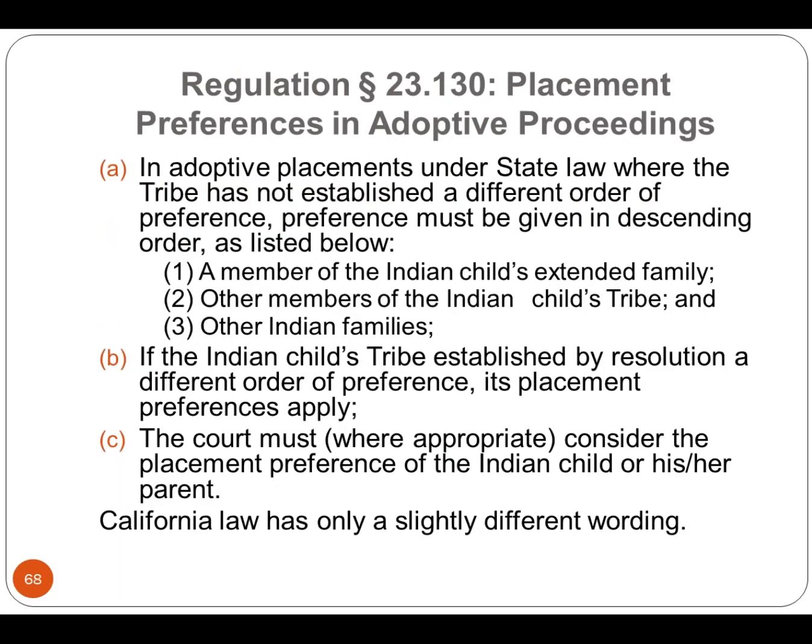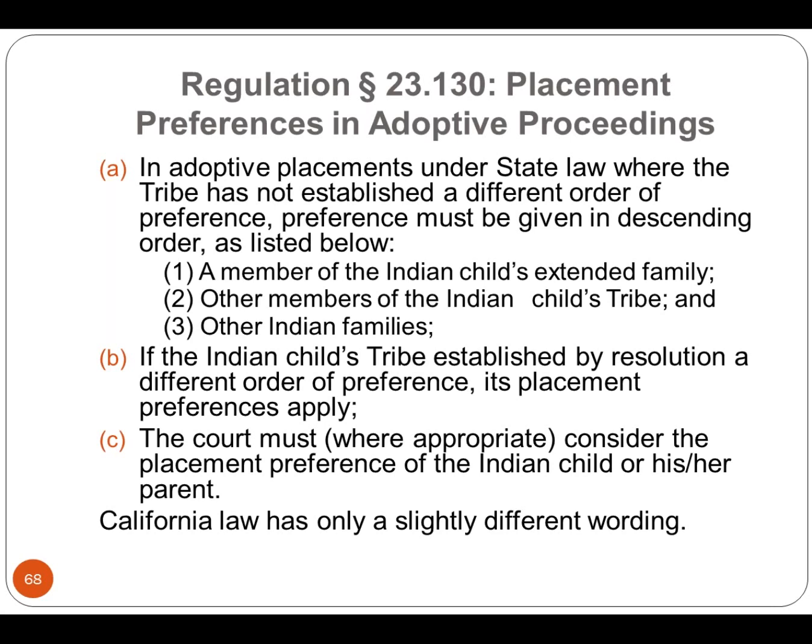So the placement preference for adoptive proceedings really fall in descending order as number one, a member of the Indian child's extended family, and again, extended family does not necessarily mean Native American family, other members of the Indian child's tribe, and other Indian families.